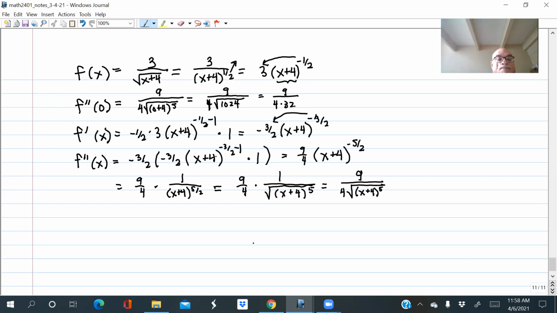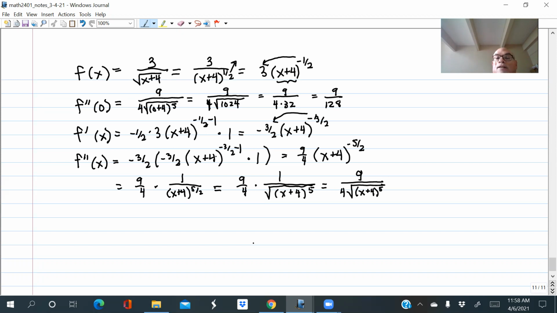Whatever that turns out to be. I can see if I can take the reciprocal of that. So with the calculator, that's 9 over 128. And I think we need to round that off to a bunch of decimal places, right?